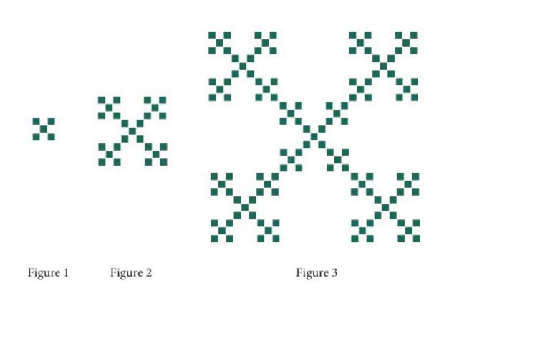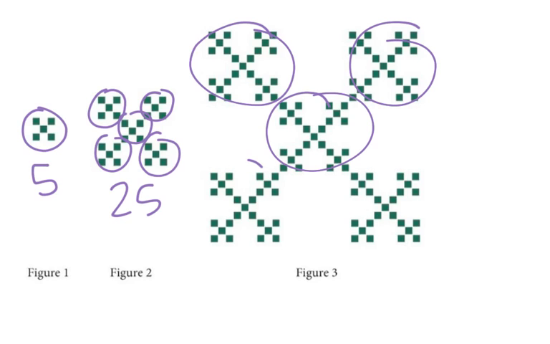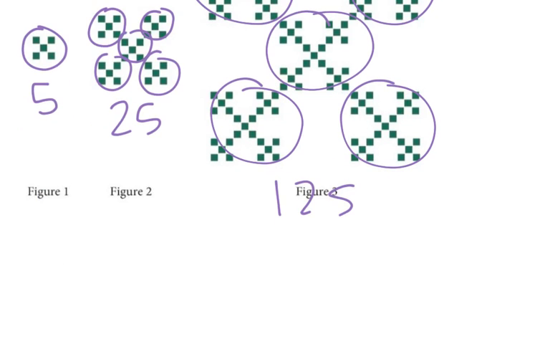So if we have a pattern, we see we've got 5 squares there. Then notice we have 5 more, so that'd be 25. And then 5 more of those 25s, which would be 125. So, what are we doing?